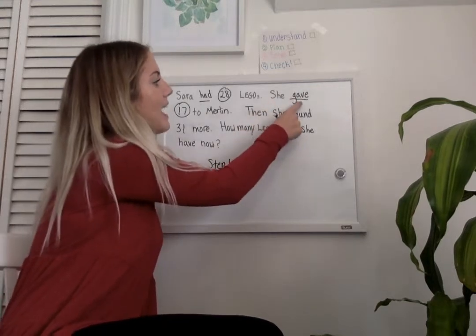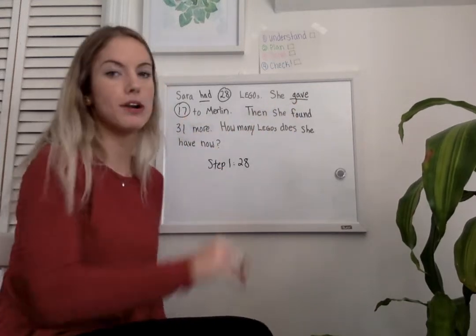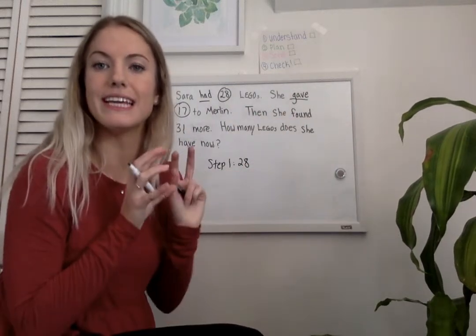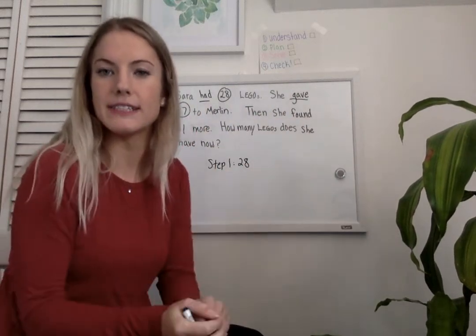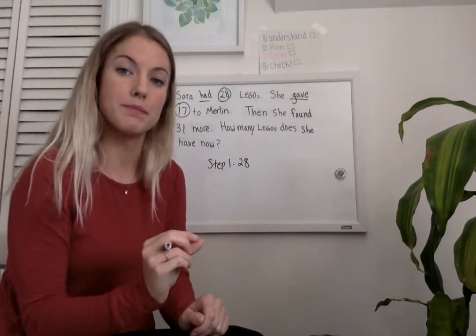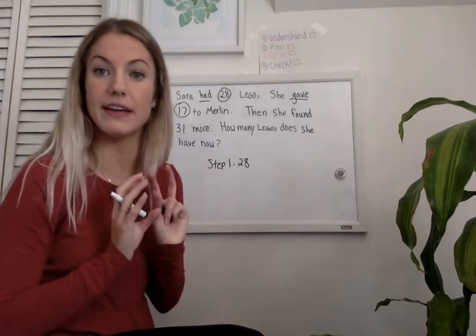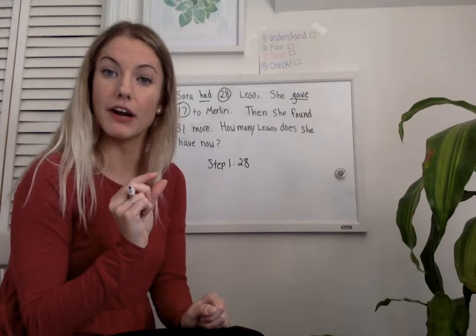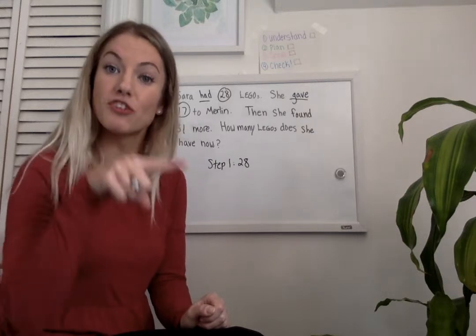Well, she gave 17 to Merlin. If she gave 17 to Merlin, she's giving away Legos. Does that mean that the number of Legos she has should be bigger or smaller? Well, if she's giving away, that means that the number needs to be smaller. So we need to subtract.